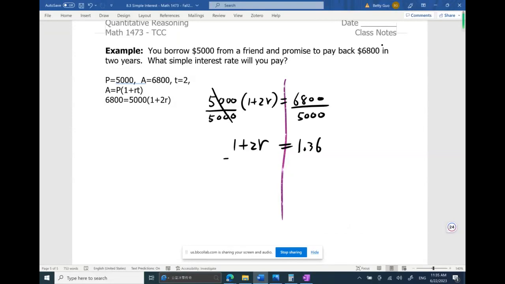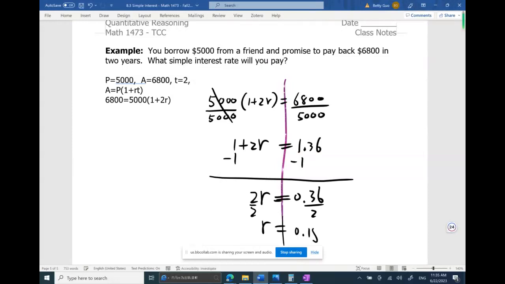We subtract 1 from each side, and then we have 2r equals 0.36. Then we get rid of the coefficient of r, divide by 2, and we have r equals 0.18. So your simple interest rate is going to be 18%. That is very, very high.